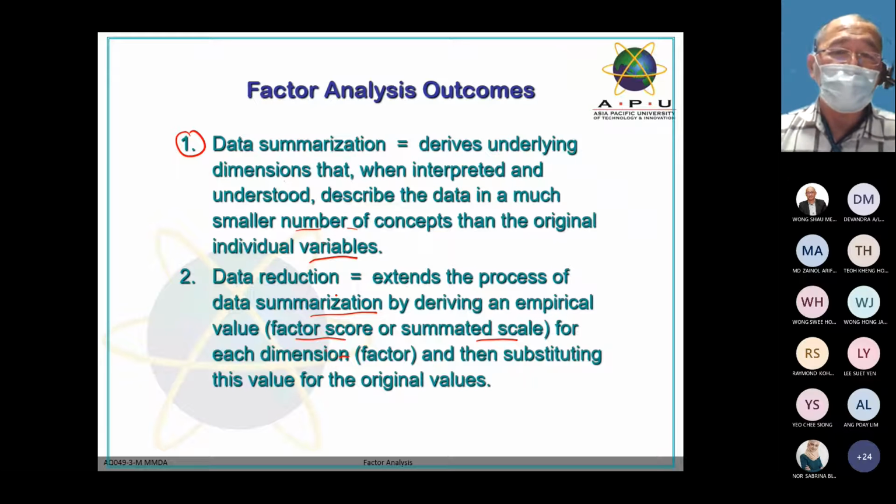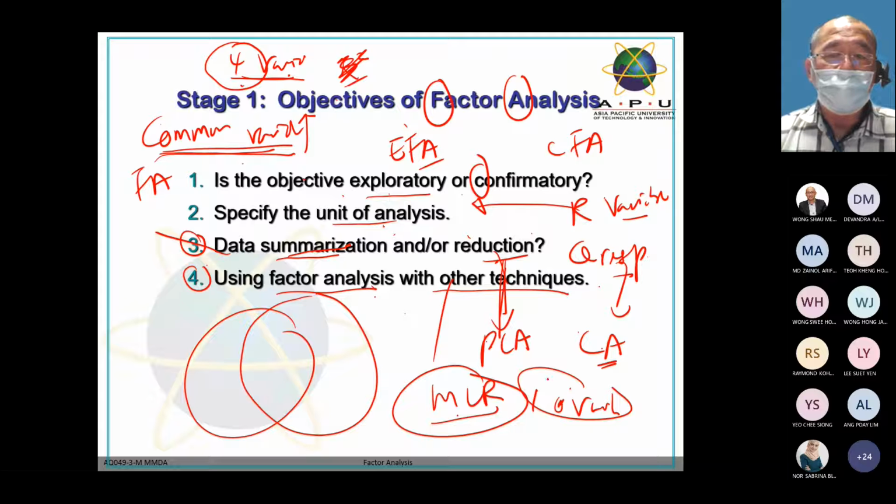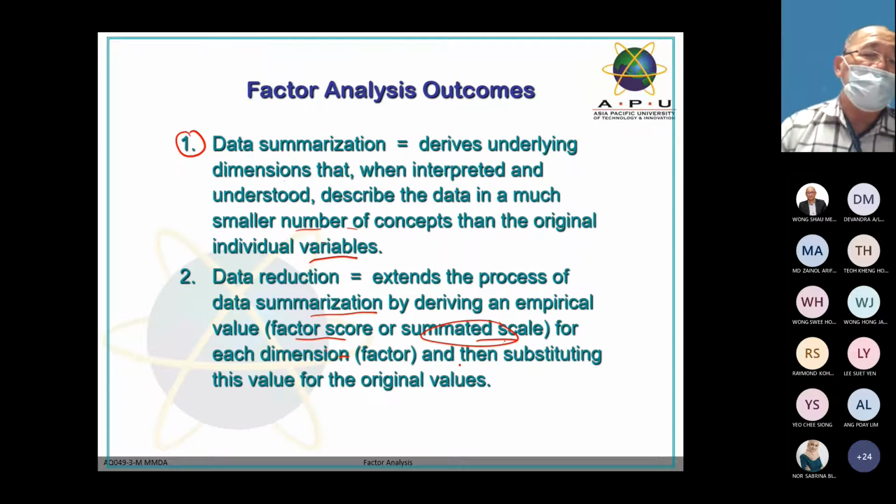That's what I mentioned just now. We can use the output and apply it in multiple linear regression. It can be the factor score or the summated scale. For each dimension, we substitute this value for the original values, and then use it in the multiple linear regression.